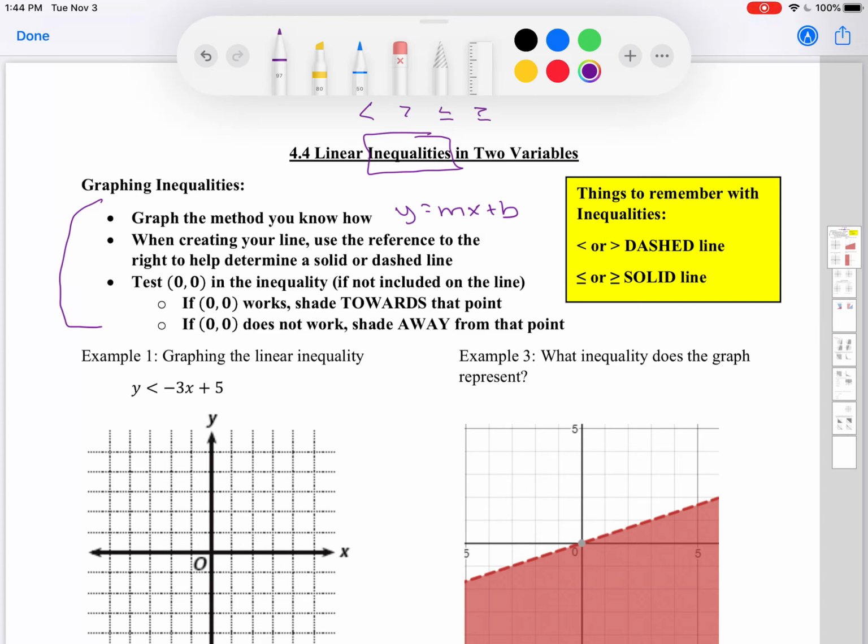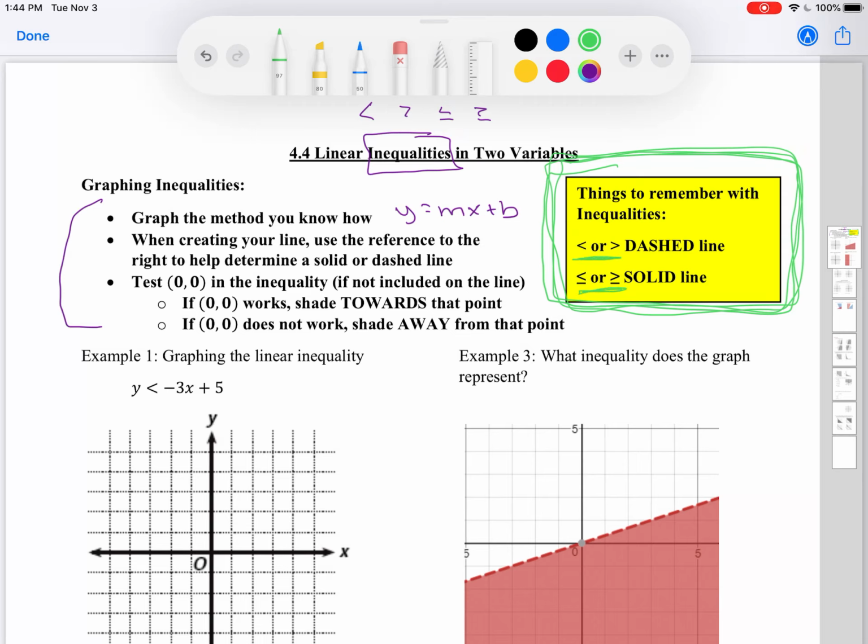And then when we create our line, because we're talking about inequalities, remember, it can be less than, greater than, less than or equal to, or greater than or equal to. And if you remember when we did those compound inequalities before, we talked about open and closed circles. That's going to be the same concept today, but we're going to have what's called dashed and solid lines.